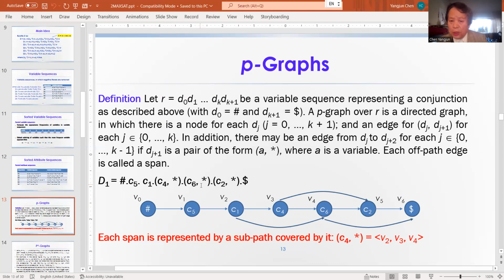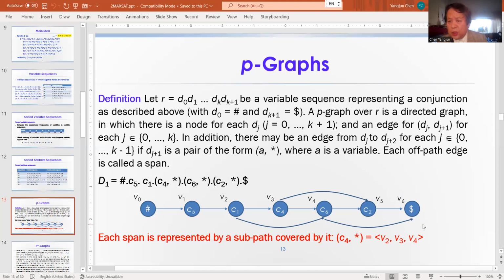For this star notation, we have a spine like this. For this star notation, we have this spine. We can also represent each spine by the subpath covered by it. For example, this spine corresponding to this star notation can be represented by a subpath going through three nodes, B2, B3, and B4.